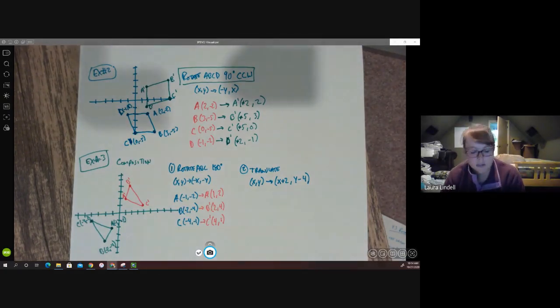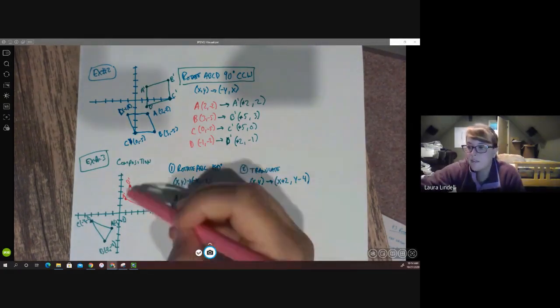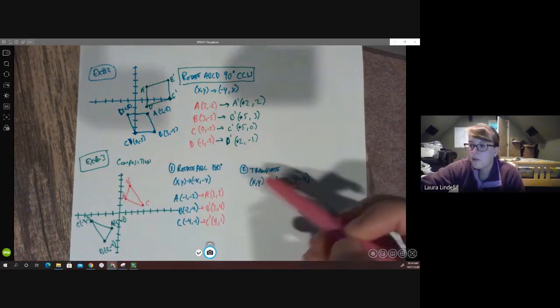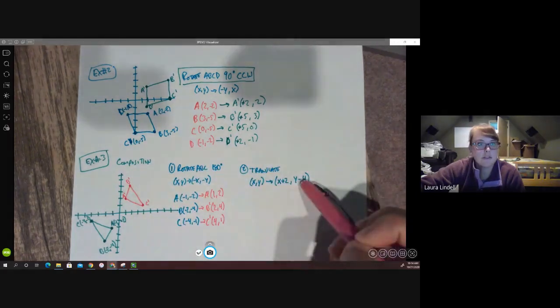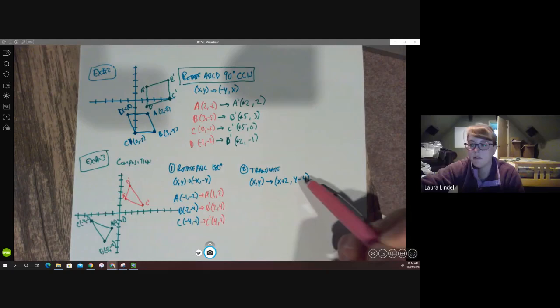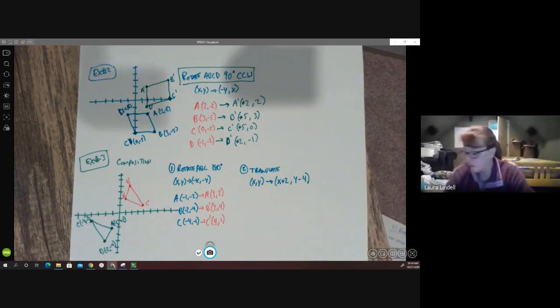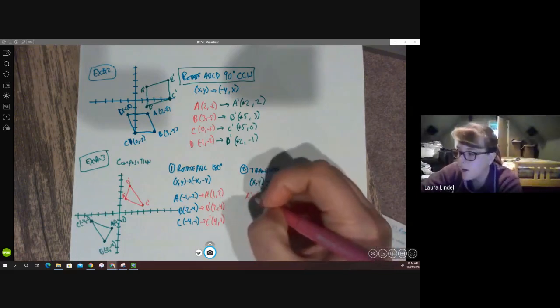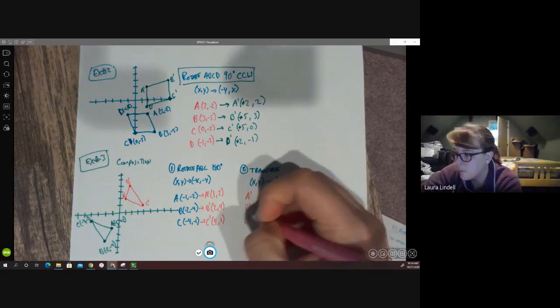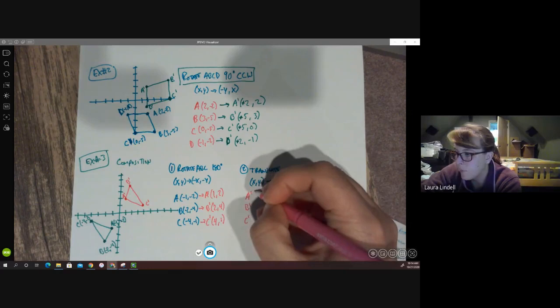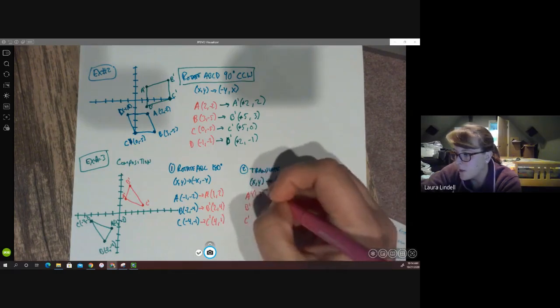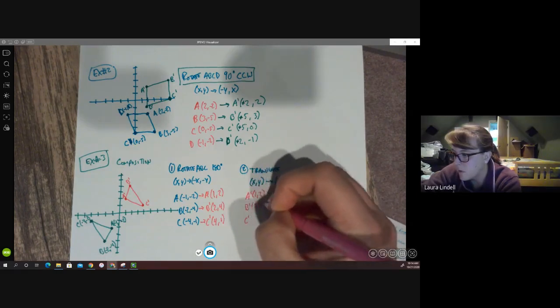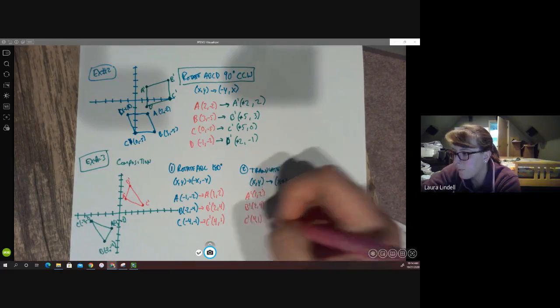Now that we've rotated it, we need to translate this shape with these instructions, X plus 2, Y minus 4. So there's two ways you could do this. You can take your A prime, B prime, C prime coordinates over here, and we knew that that was 1, 2, 2, 4, and 4, 1.